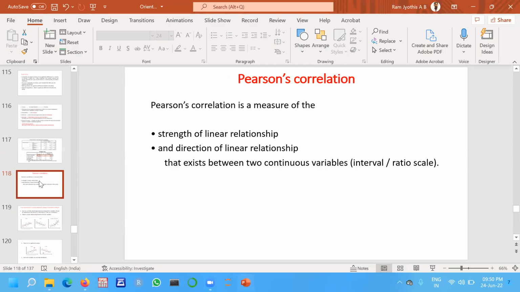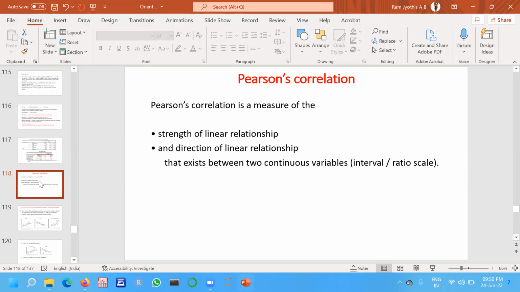Now, next one is Pearson correlation. Pearson correlation is a measure of the strength of linear relationship. See, in the chi-square test, you come to know only whether there is association or not. Whereas in correlation, we can understand the strength of the relation, how strong the relation is, and the direction of the linear relationship which exists between two continuous variables.